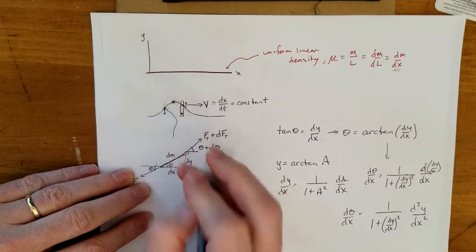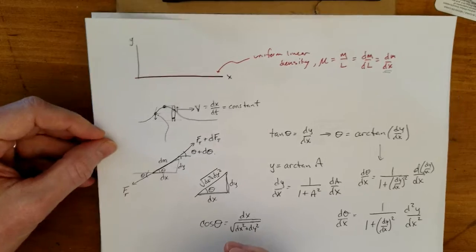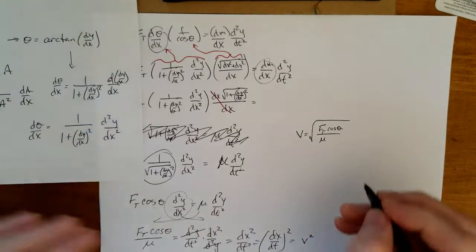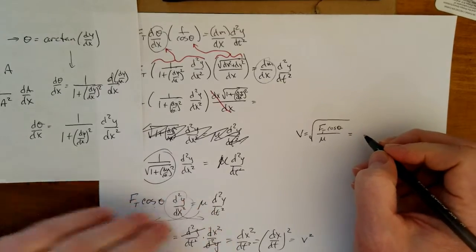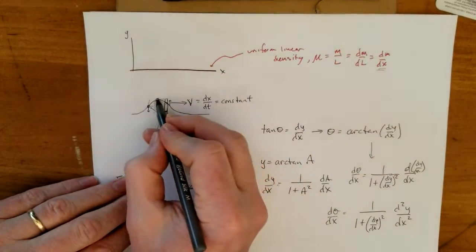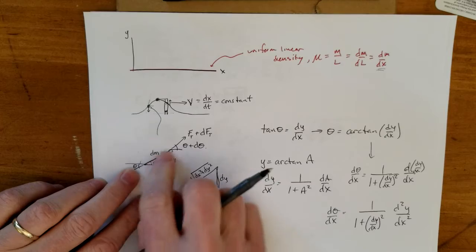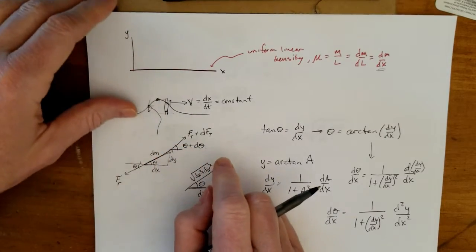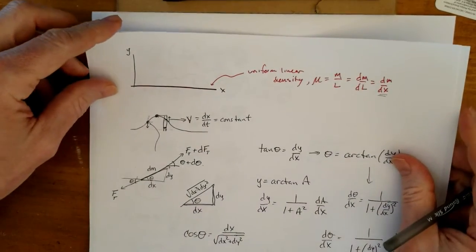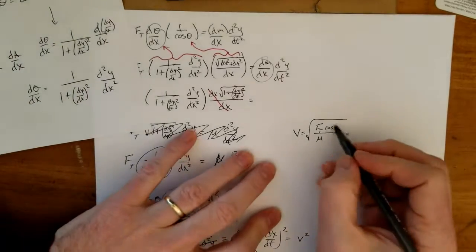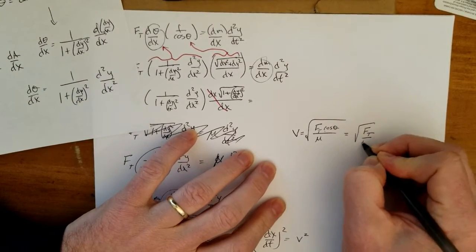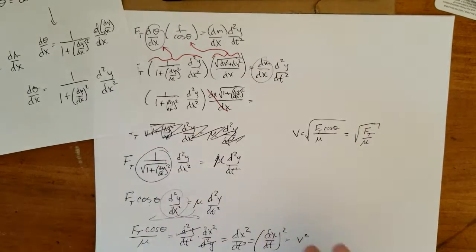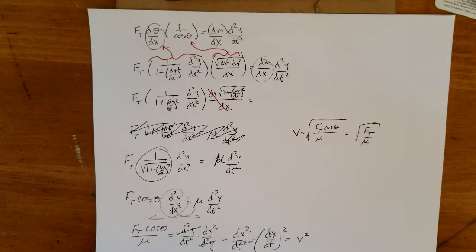So we really care about this when we can eliminate any possibility of dy dt. And so that is at the peak. So when theta is equal to 0, because at the peak, theta gets smaller the closer you get to the top. So the angle is 0. Cosine of 0 is 1, and what we're left with is the square root of tension over the linear density. And that is yet one more way of deriving that equation.